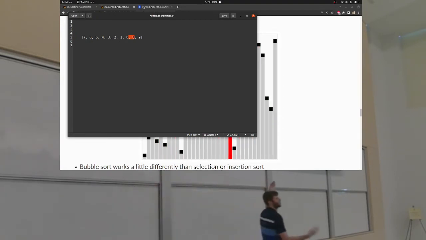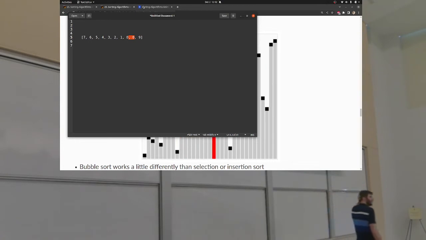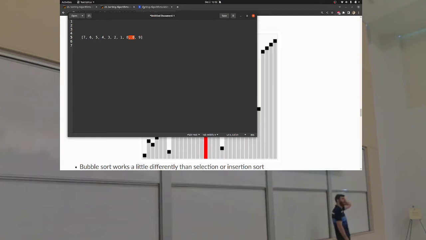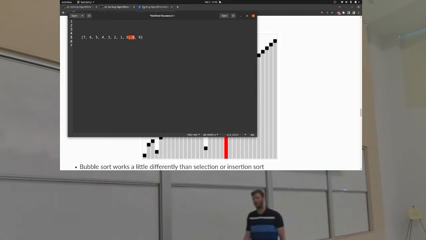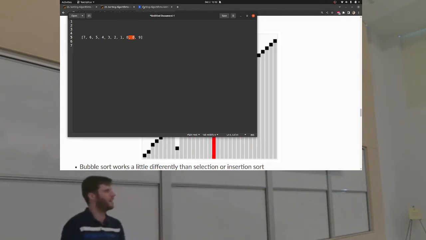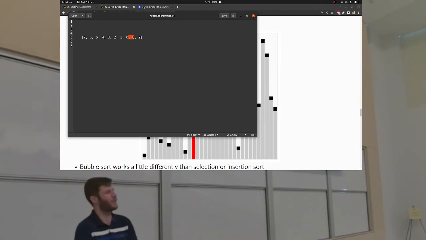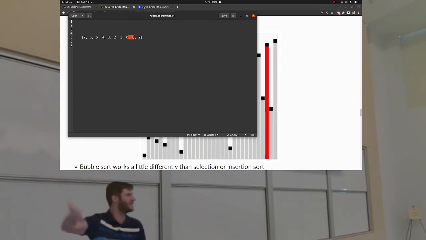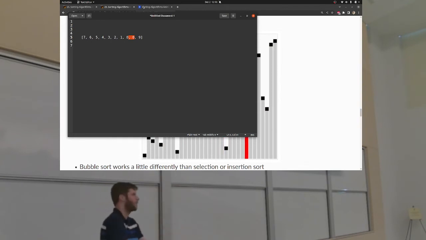N minus 2, I have to look at 2. So what's the pattern there? On average, how many things do I have to look at? N divided by 2, yeah. So n divided by 2, we don't care about coefficients because that's just a linear scale. That linear scale doesn't really modify the n squared very much. The n squared part dominates the amount of work so much that we don't care about those coefficients.